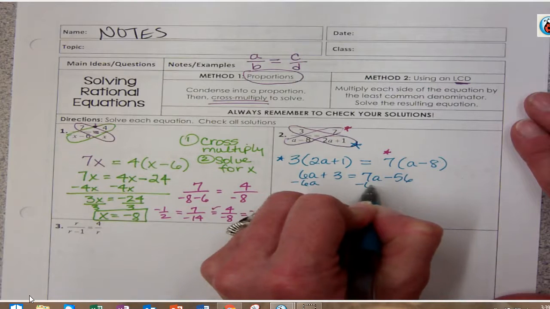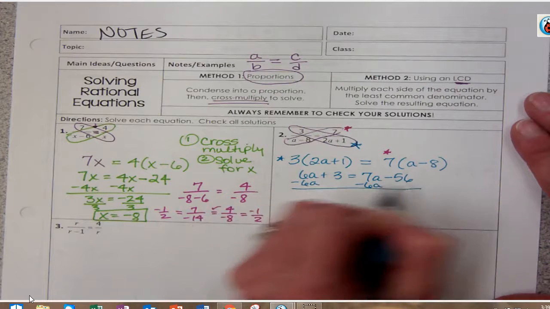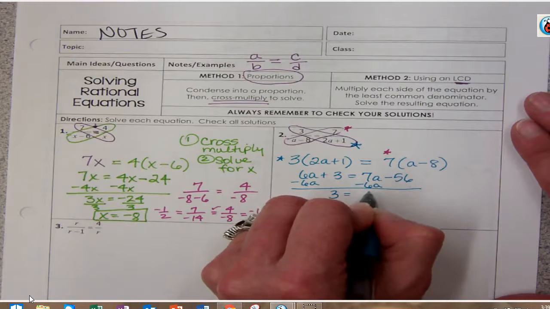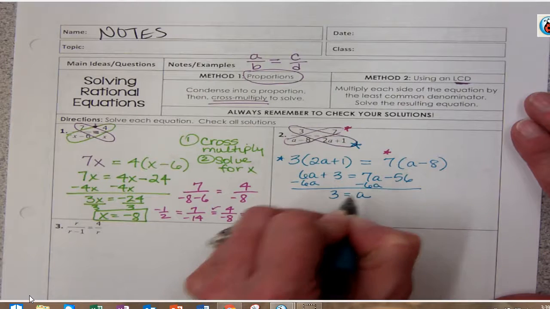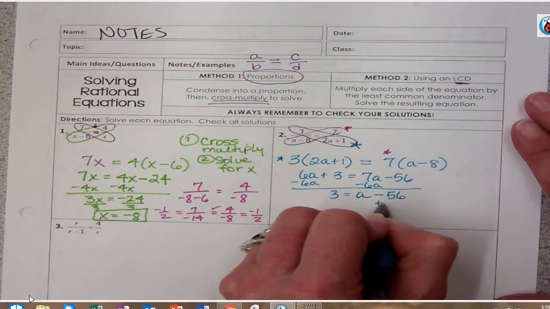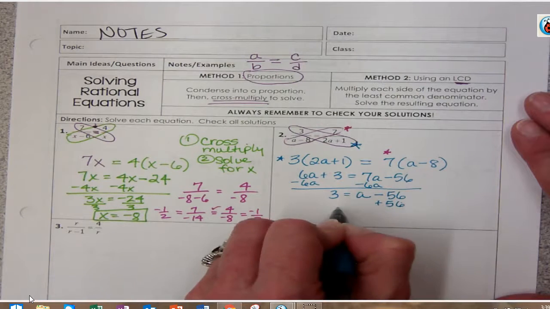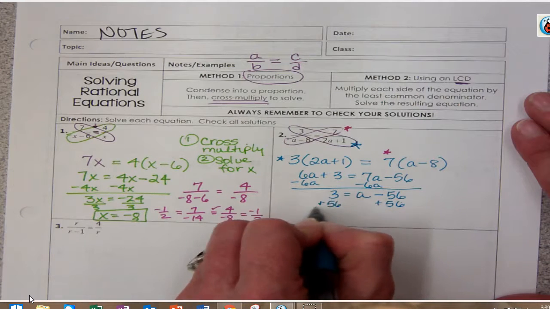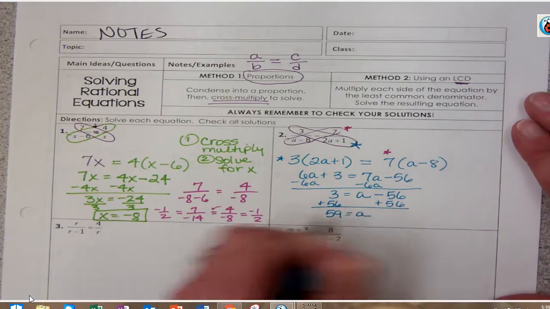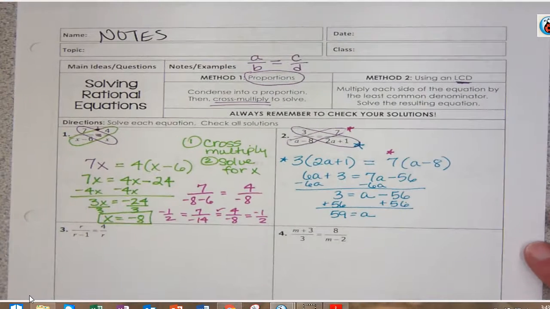I'm just going to move this over here to keep it positive, I like to keep it positive. 3 equals 7a minus 6a, which gives me 1a minus 56. Get my numbers on this side, and I get 59 equals a.